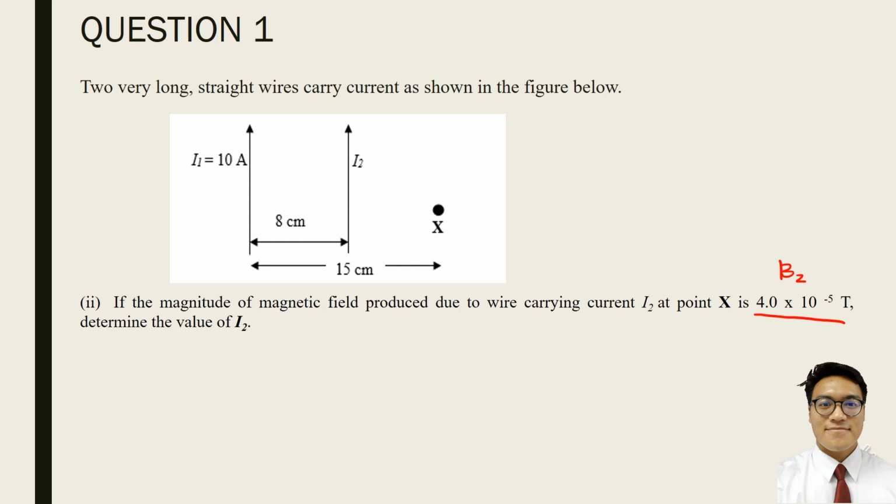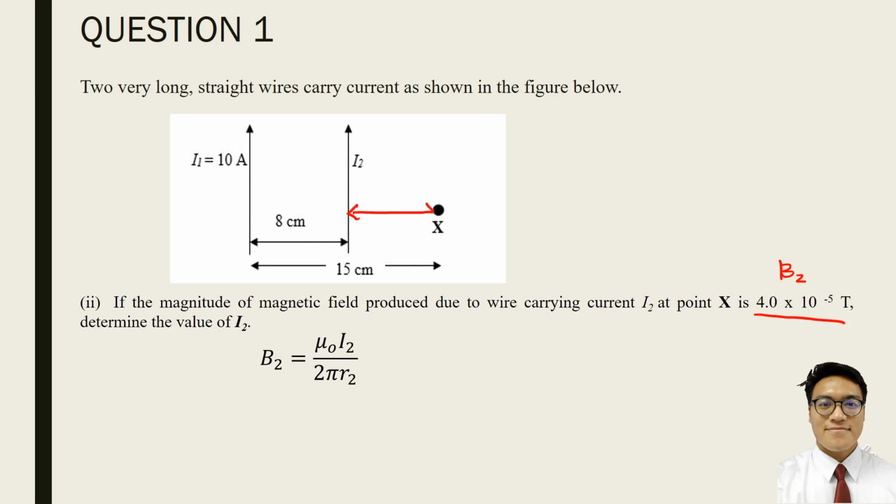We already have the direction, upward, but how about the magnitude? Here we can use the same formula again. B2 is equal to mu naught I2 over 2 pi R2. But what is R2? Remember, it is the perpendicular distance between the wire and the point.